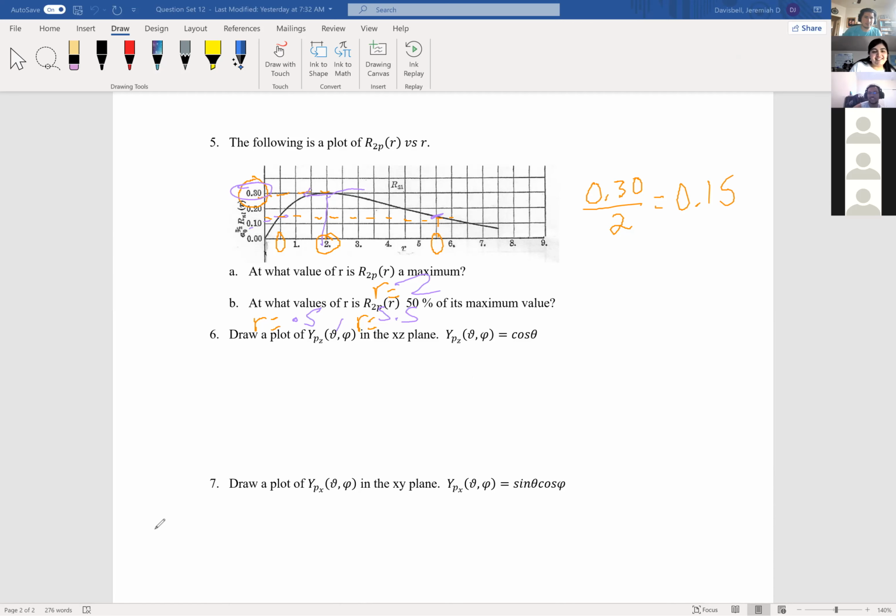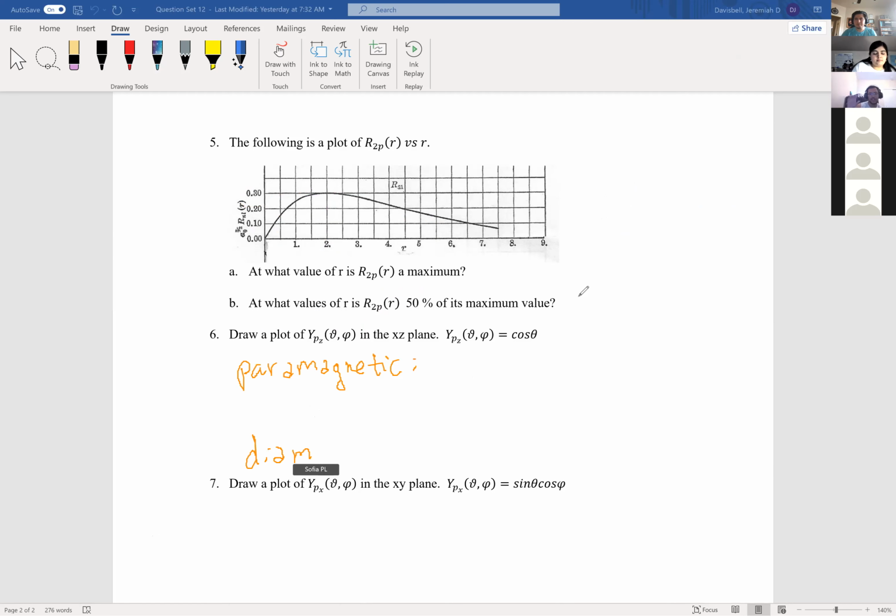Any questions? One last question. What's up? For number 10, it's because I forgot what the definition for paramagnetic means. All right, so paramagnetic and diamagnetic is the following. For paramagnetic, that means that it has a net amount of unpaired electrons.